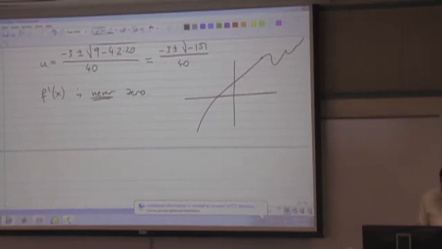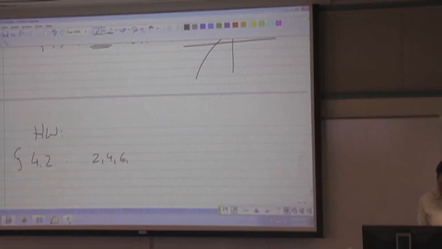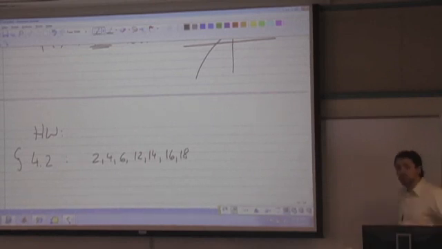Okay, so homework. This is section 4.2. And we're looking at 2, 4, 6, 12, 14, 16, and 18. So to answer your question, if it's better or worse, originally you had all the odds as well.